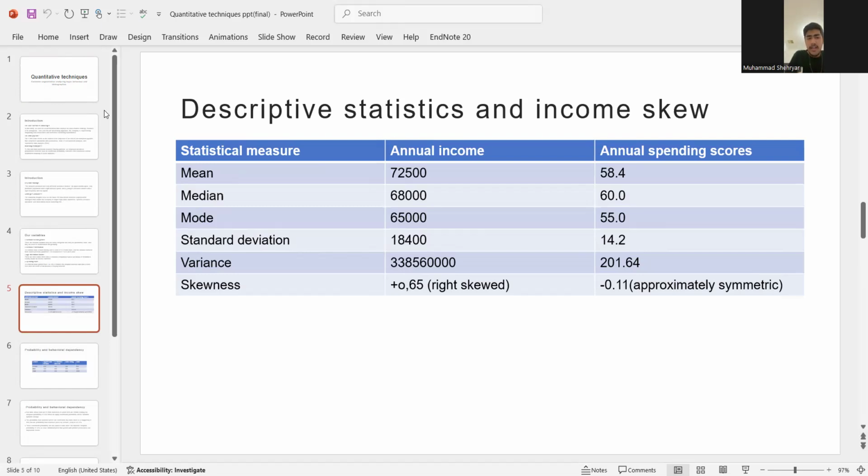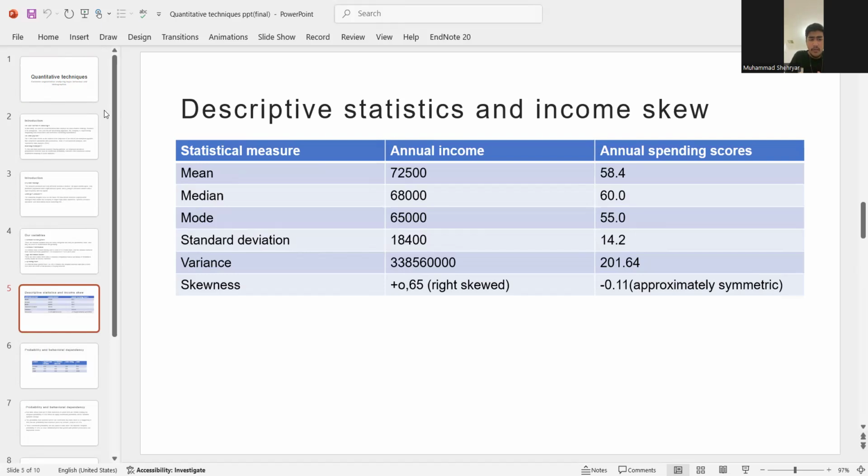This tells us that our average customer income is being pulled upward by a small elite cluster of high-earning individuals. If our marketing team relies on the average income of 72,500 for every product, they will overprice the market, because the vast majority of the core shoppers have a typical earning of 65,000.